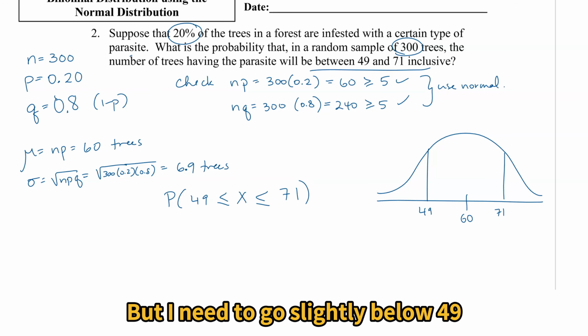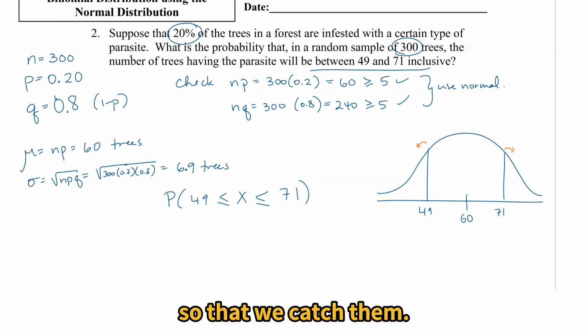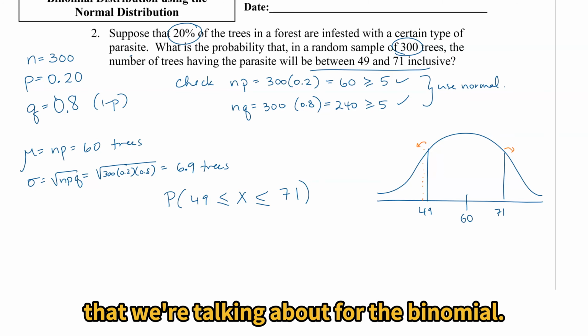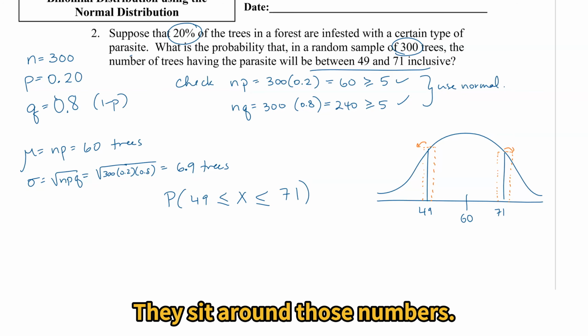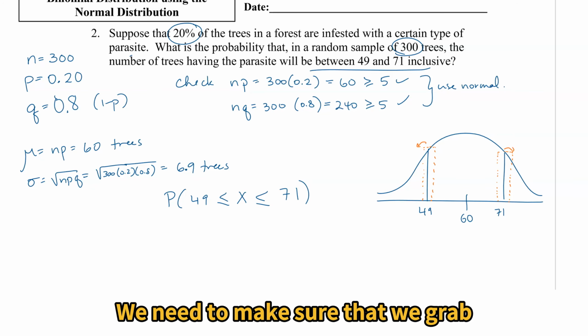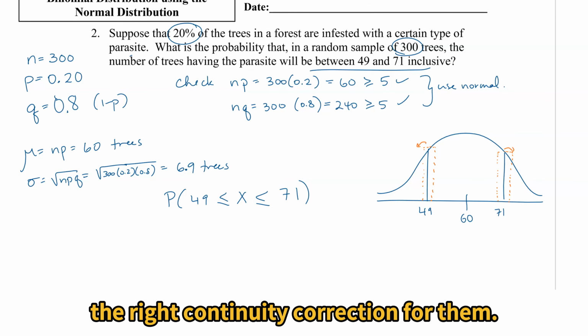But I need to go slightly below 49 and slightly above 71 so that we catch them. Remember, the rectangles that we're talking about for the binomial don't sit only on top of those numbers. They sit around those numbers. So we need to make sure that we grab the right continuity correction for them.